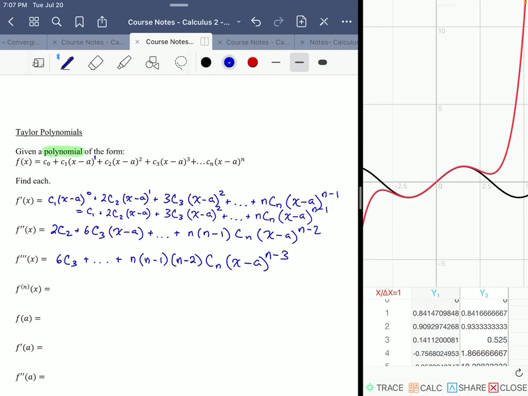So you see here that the level of the derivative is consistent with the number that's being subtracted from n.